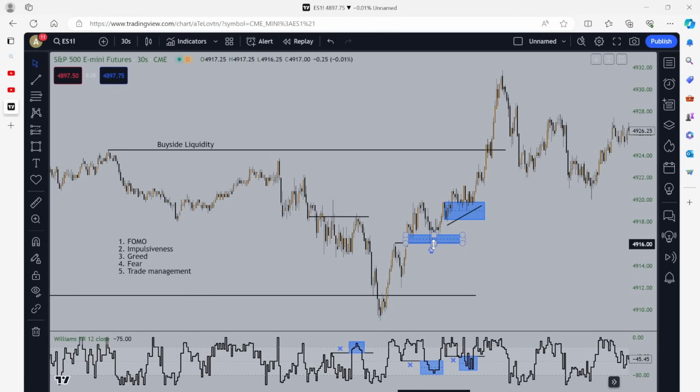So like I mentioned before, this low is protected, at the same time that the Williams Percent R is coming down into this low here, taking out the low, and we have price coming into fair value. This is where ICT went long. And here at Optimal Advance, this is the only setup that we take.